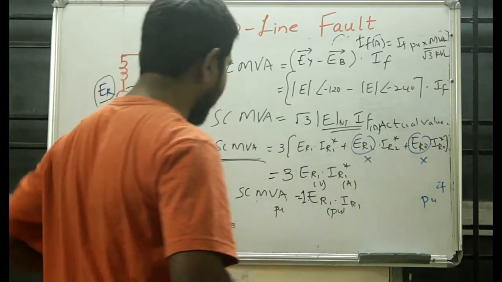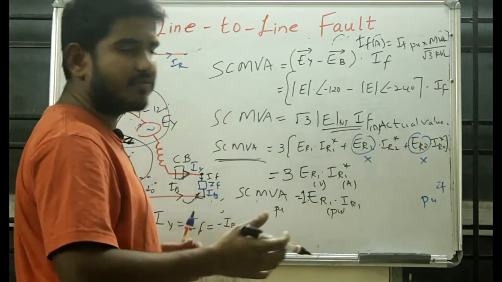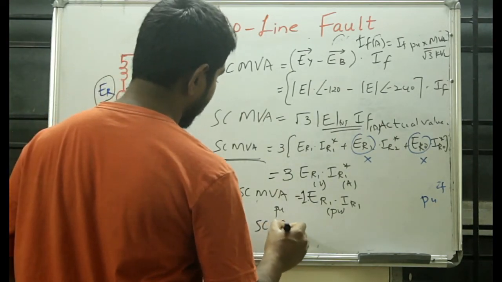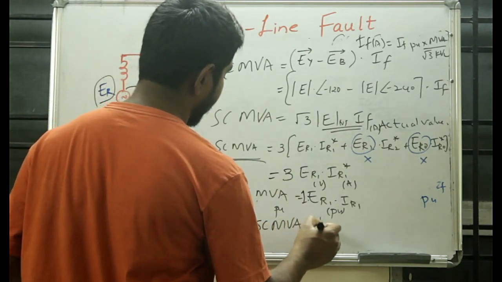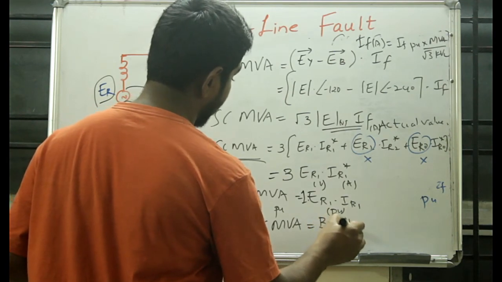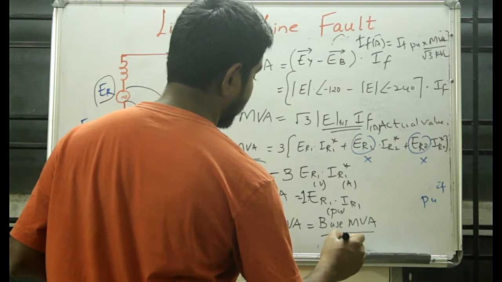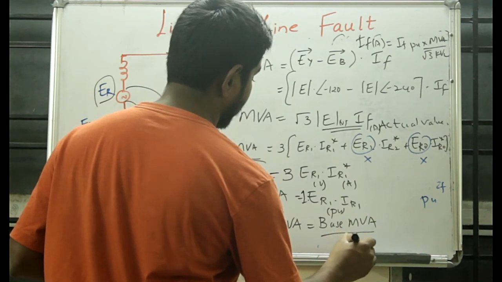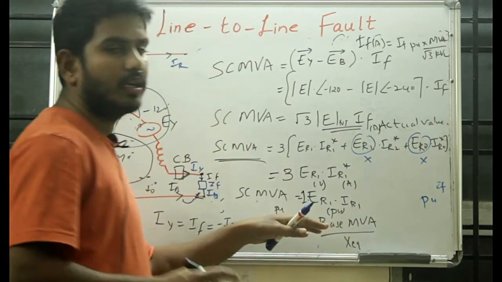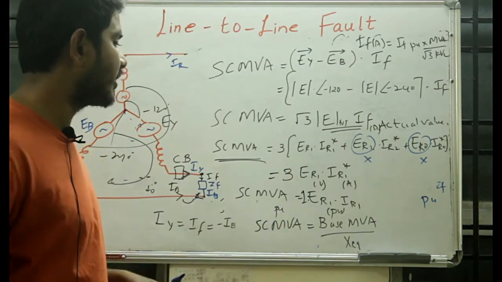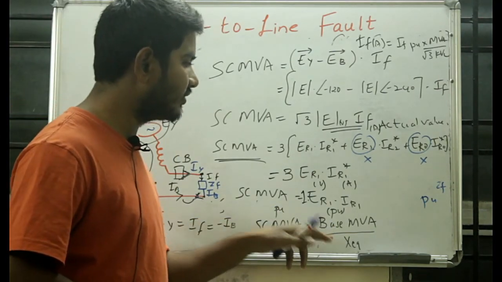Now the other way is, in my last video I discussed how we can decide the short circuit MVA. Short circuit MVA will be nothing but base MVA upon X equivalent. X equivalent you can get by adding all the per unit reactances by taking an equivalent circuit. So how do we get this?